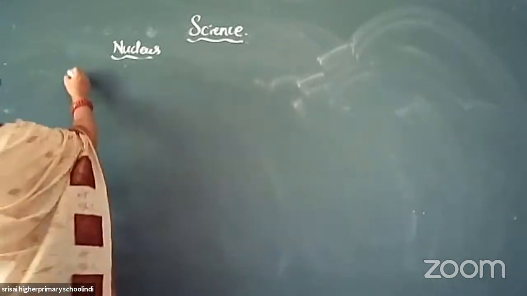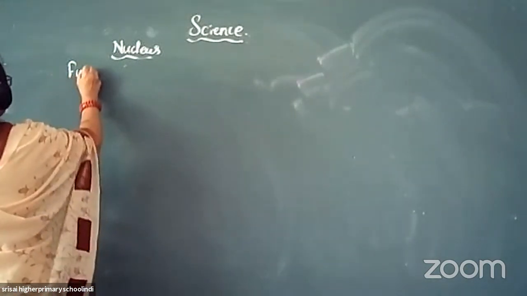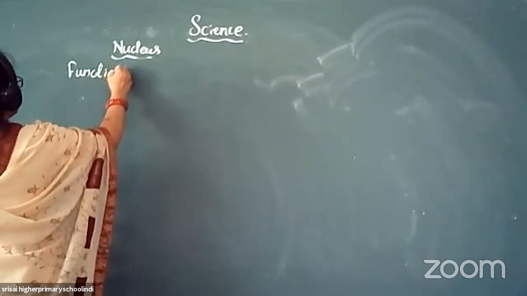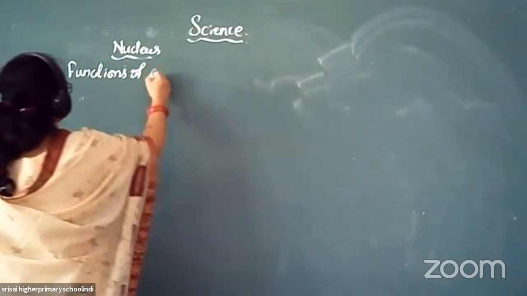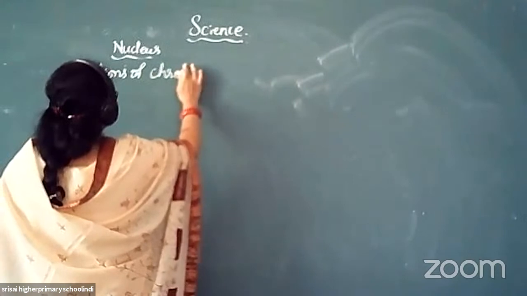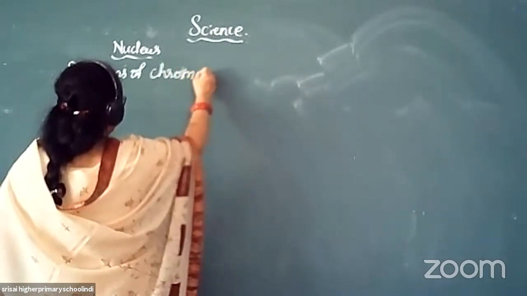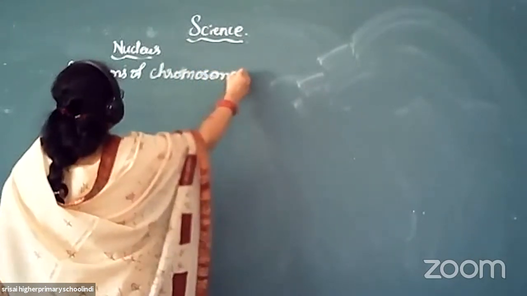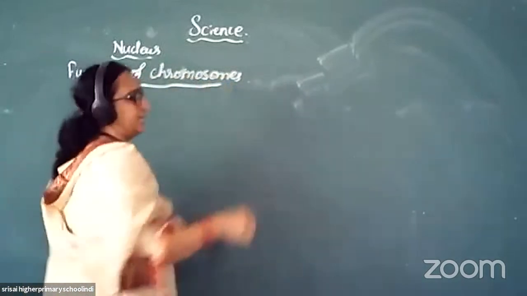Let me come to the functions of the chromosomes. What are the functions of chromosomes? Chromosomes are composed of DNA and protein. Very good. These consist of DNA and protein.